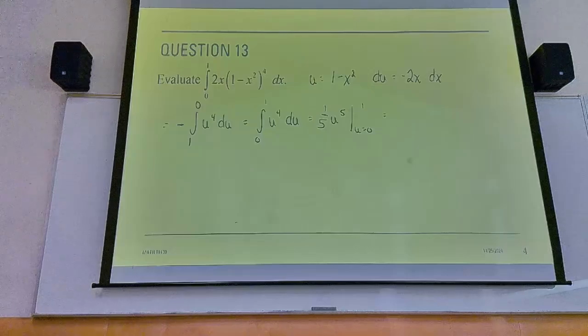This one's rather difficult. 1 to the 5th. 0 to the 5th. 1 minus 0. 1. We're left with just 1/5.